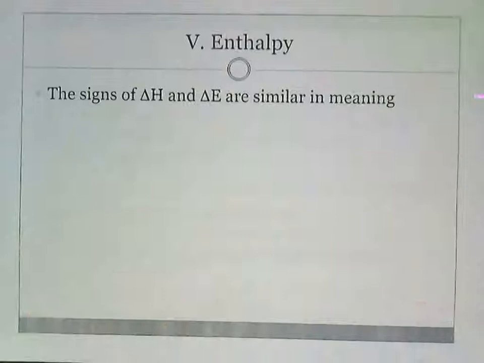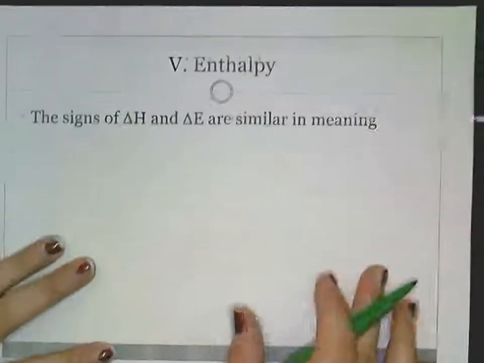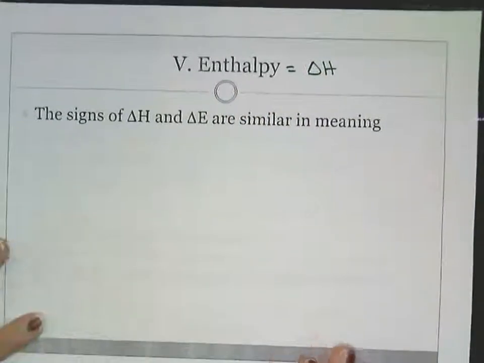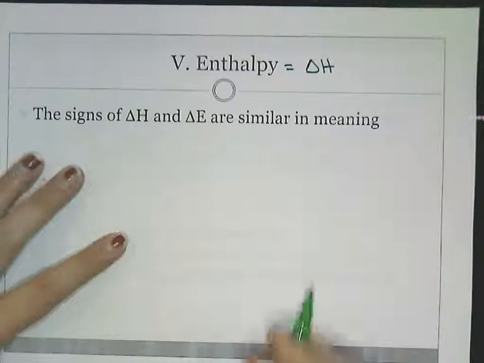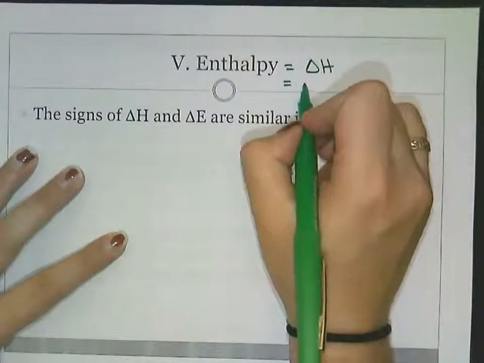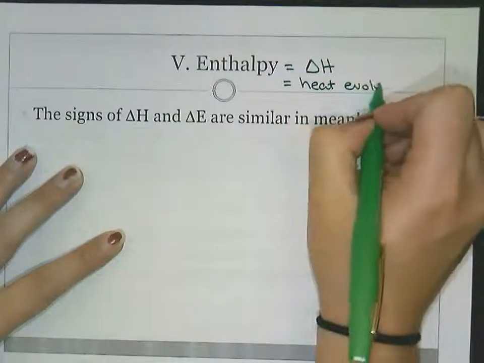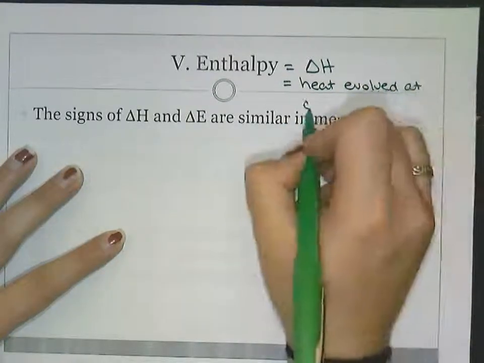All right, so delta H and delta E, we have a brand new letter, H. Enthalpy is now this new thing called delta H, which is a measure of the heat evolved at constant pressure.